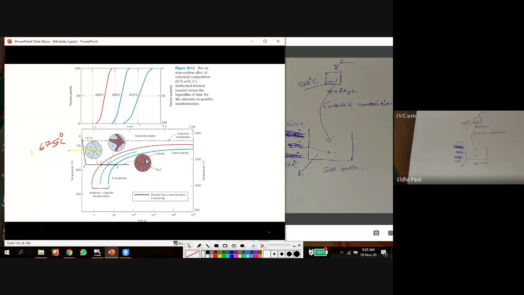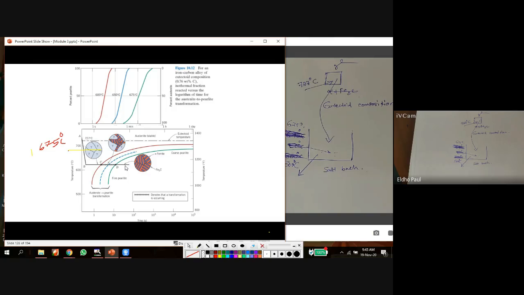And here the pearlite is coarse pearlite, because the temperature is very high. The number of nuclei formed at very high temperature will be low.